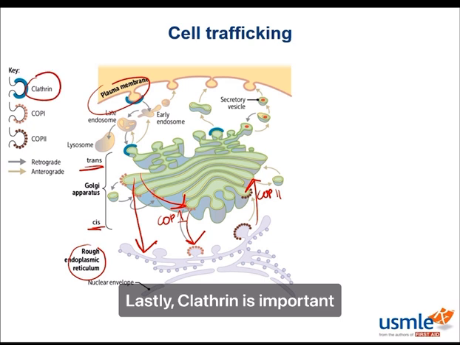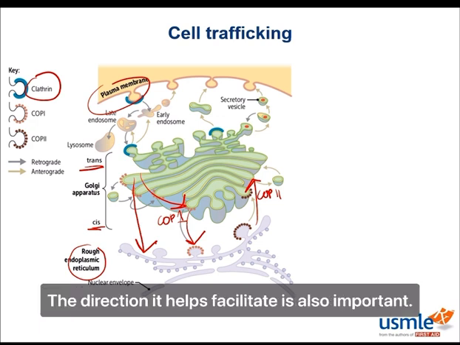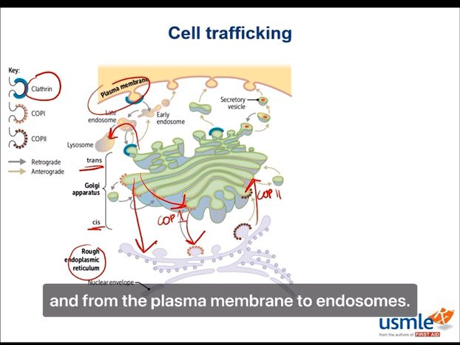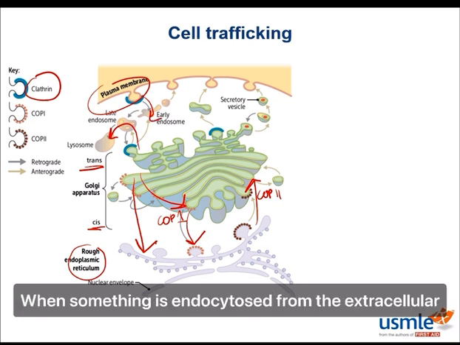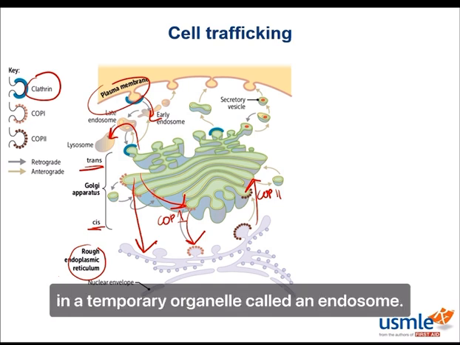Lastly, clathrin is important for receptor-mediated endocytosis. The direction it helps facilitate is also important. It moves vesicles from the trans Golgi to the lysosome, and from the plasma membrane to endosomes. When something is endocytosed from the extracellular environment, it is first stored and handled in a temporary organelle called an endosome.